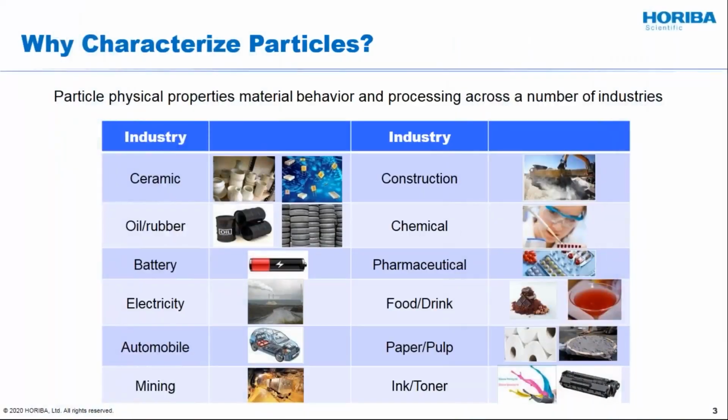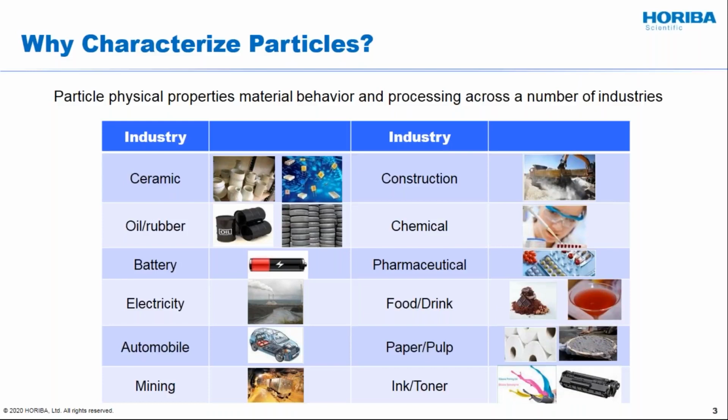Just to start it off, we've given you a few examples of where particle characterization as a general subject is important today. As you look here, you can see a whole variety of industries, all the way from basic chemical applications, pharmaceuticals, drugs, paper.